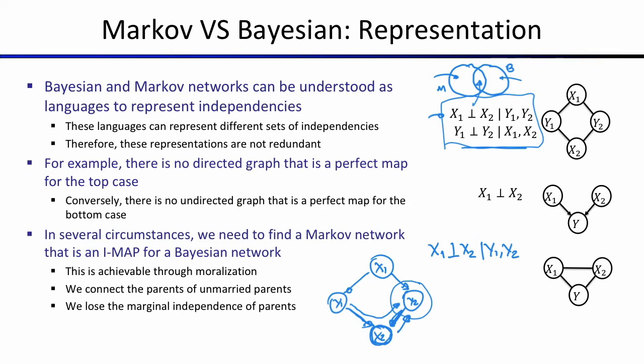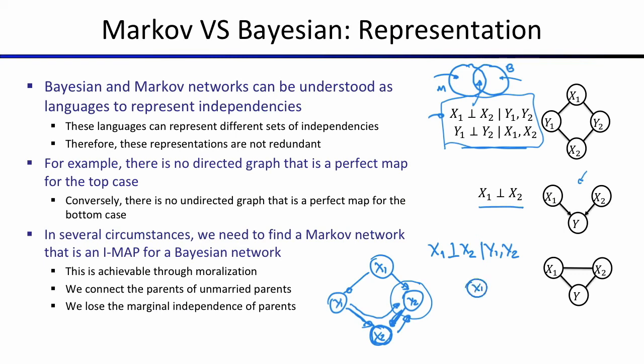But the opposite also happens to the Markov networks. For instance, if we have this independence here, that x1 is independent of x2, and that is easily represented by this Bayesian network, we will find it difficult to represent in the Markov network. So for instance, we could try to do something like this.